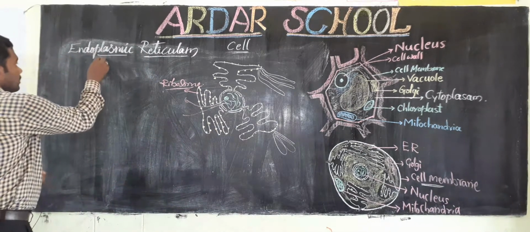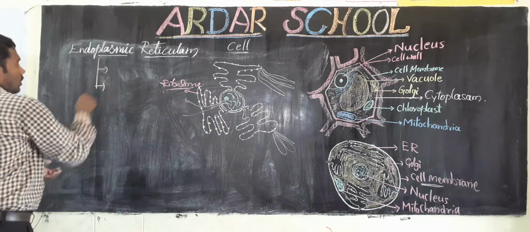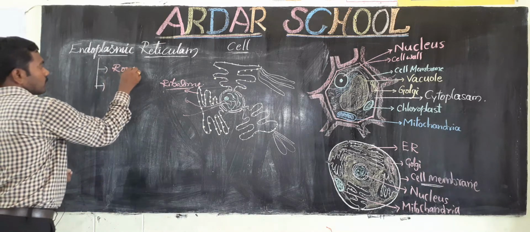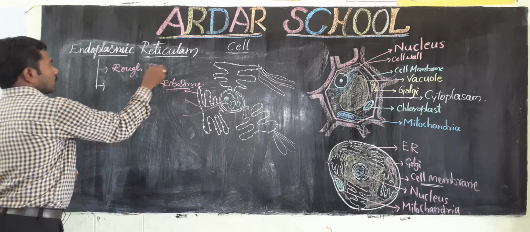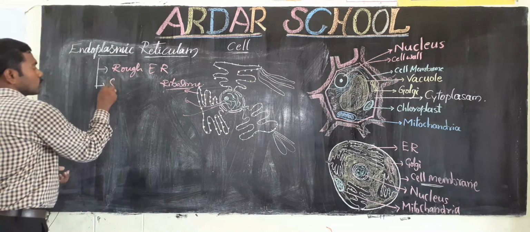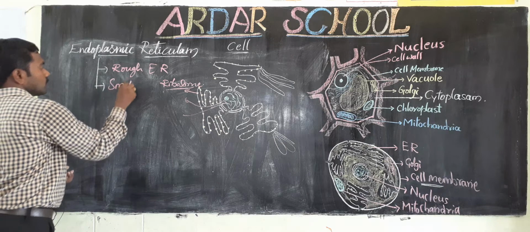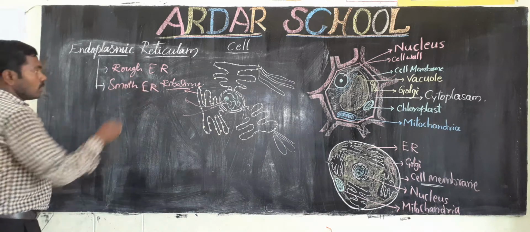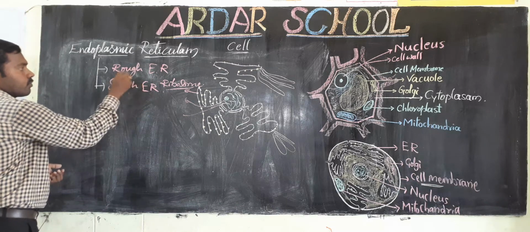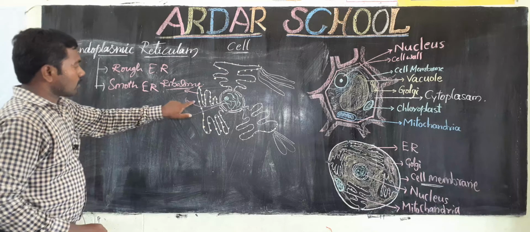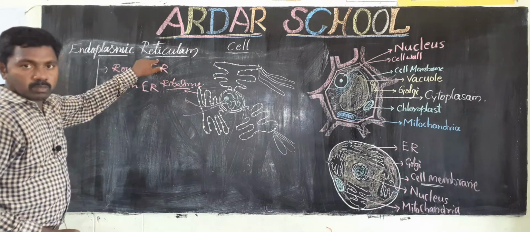One is rough ER, endoplasmic reticulum. The second one is smooth ER. Rough ER means it has ribosomes. These are called the rough endoplasmic reticulum.